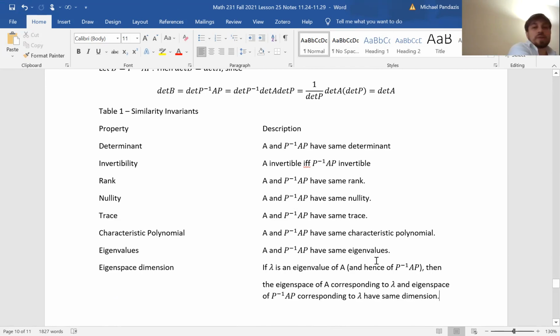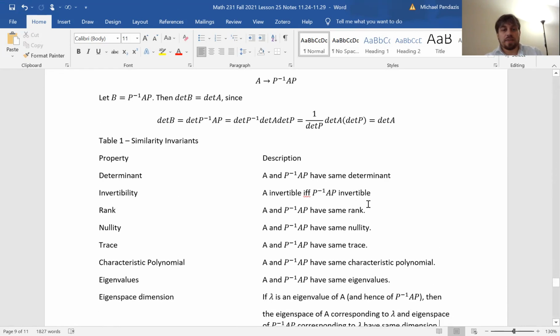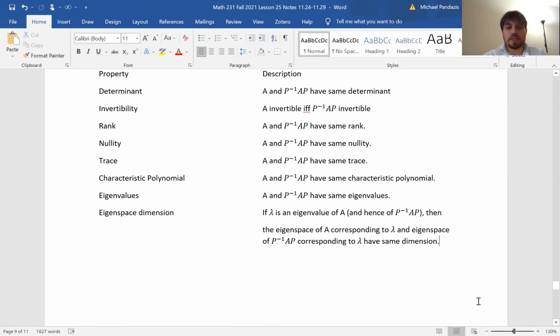So when you take a transformation from A to P inverse AP, the effect is that a lot of these things stay the same.